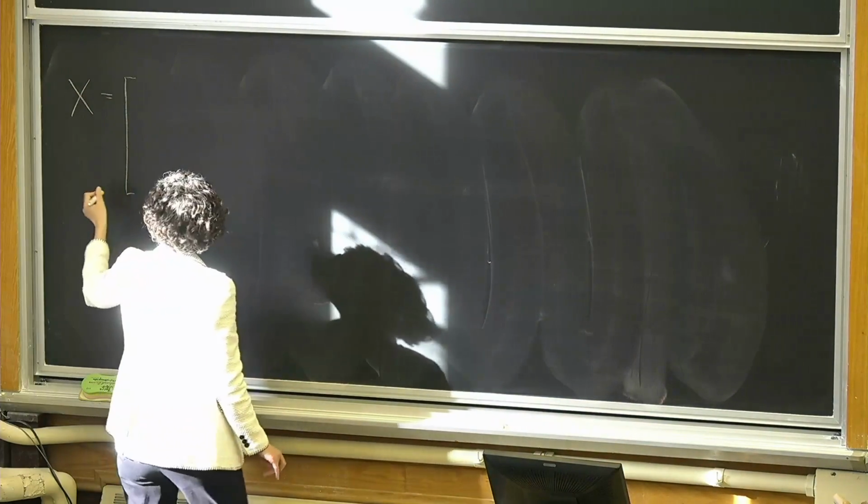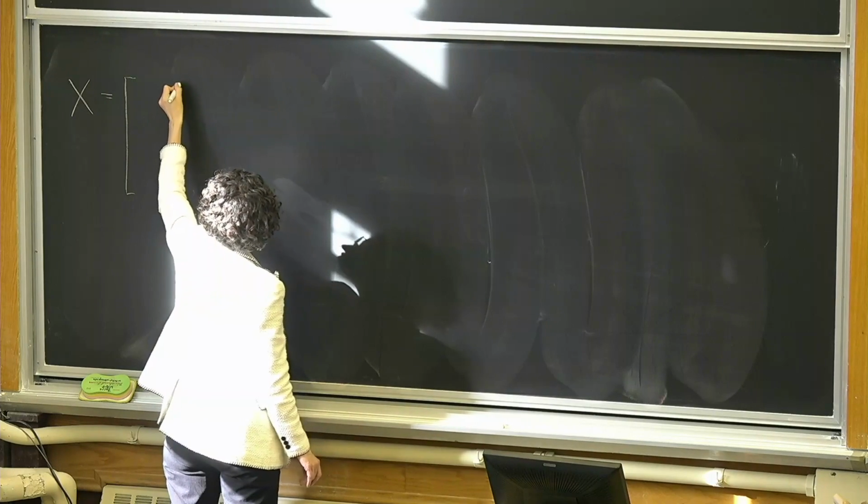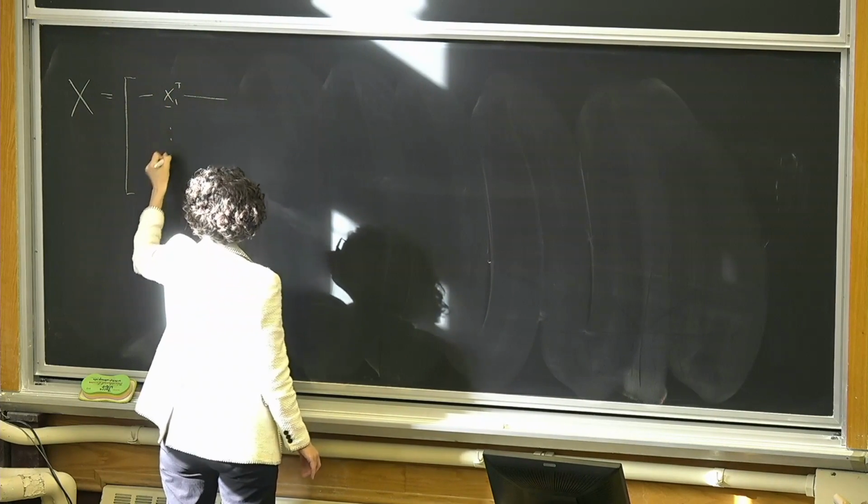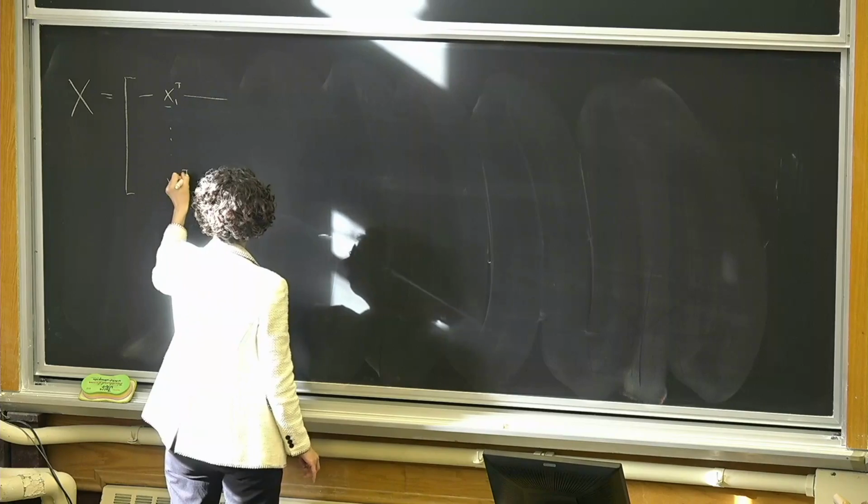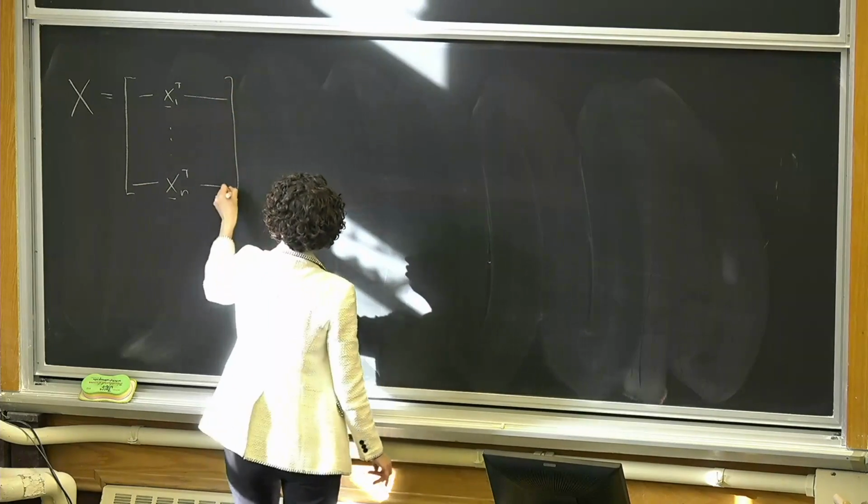Okay, so we are going to have our matrix X have our samples in rows. So I've got X1 transpose all the way to Xn transpose, just like we've been doing all quarter.